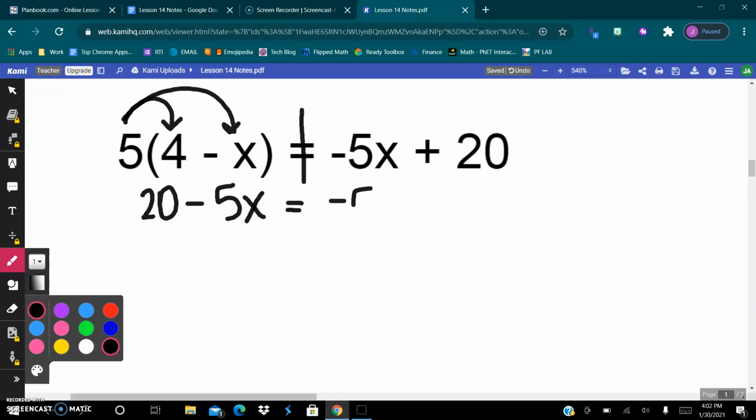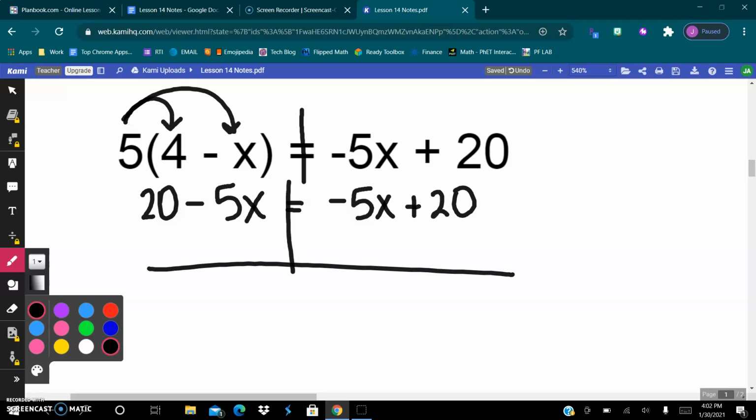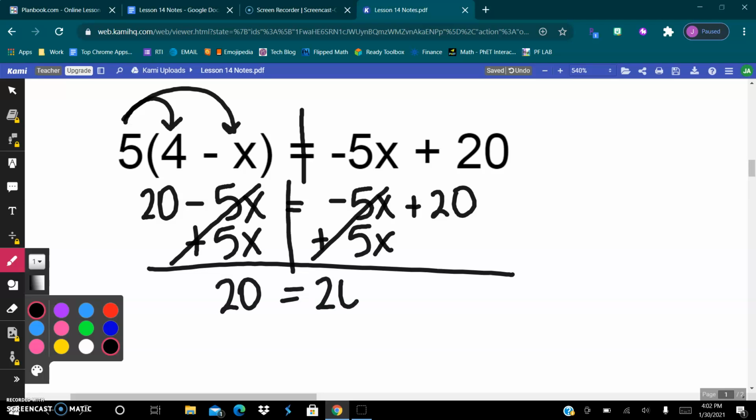And then on this side, I have negative 5x plus 20. Then I need to move a 5x, and they're both negative, so I'm going to add 5x to both sides. And this cancels out, and a negative and a positive 5 here cancel out as well. And I have a positive 20 on this side, and I have a positive 20 on this side. So this is infinitely many solutions.